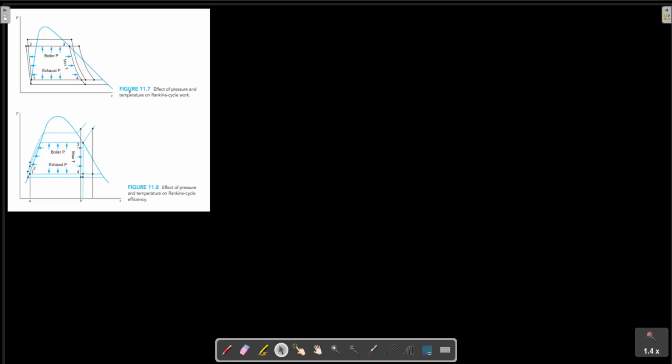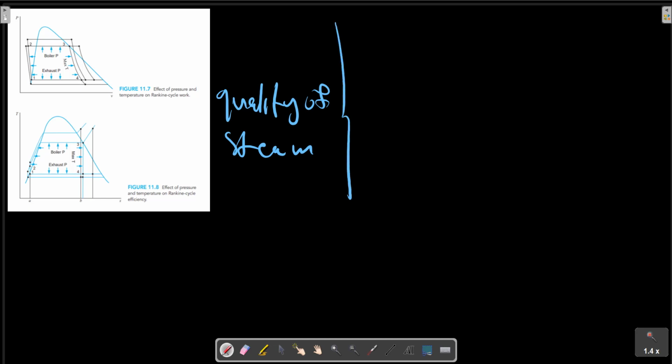Superheating the steam, here, the quality of steam. The quality of the steam leaving the turbine is increased by superheating the steam and decreased by lowering the exhaust pressure and by increasing pressure during heat addition. These effects are shown in various pictures.